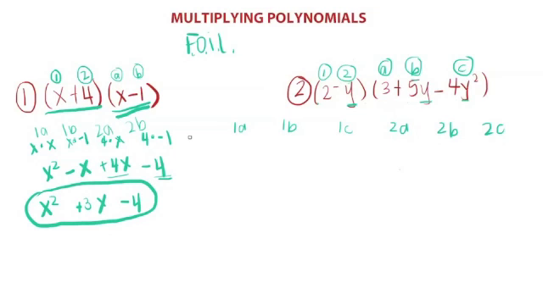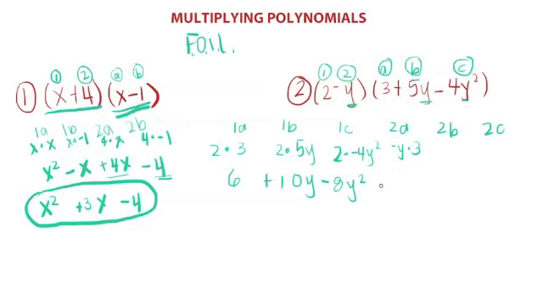So here we go. 1A is 2 times 3, which is positive 6. 1B is 2 times positive 5y, which is positive 10y. 1C is 2 times negative 4y squared, which is 2 times negative 4 is negative 8, and then drop down that y squared. 2A is negative y times 3, which is negative 3y. 2B is negative y times 5y, okay, which would be negative 5y squared. 2C, negative y times negative 4y squared, which is negative times negative will make it positive.